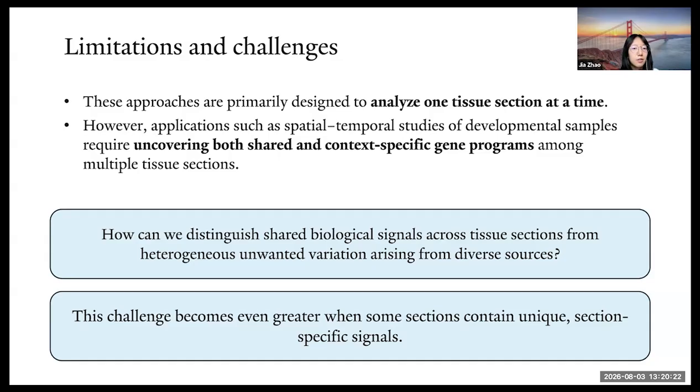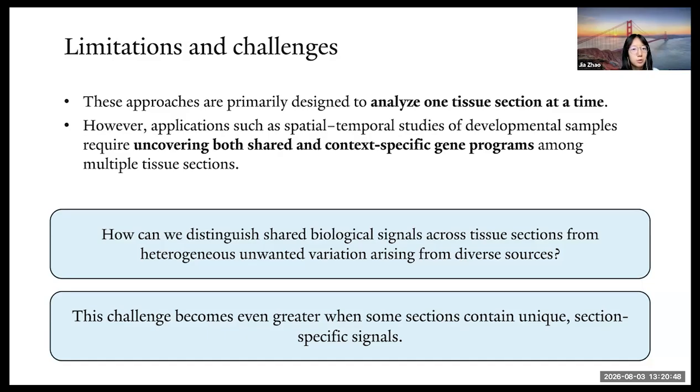There are technical variations and batch variations, so there is really complex unwanted variation hidden in those data sets. We want to distinguish shared signals from those noisy and unwanted variations. And it's really challenging because some of the sections may even capture fine-grained but context-specific signals.